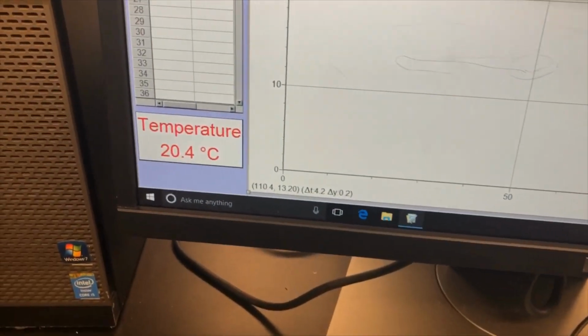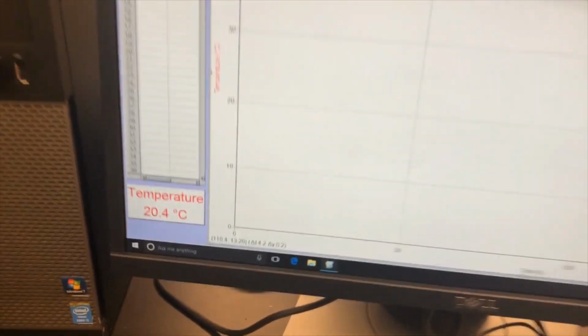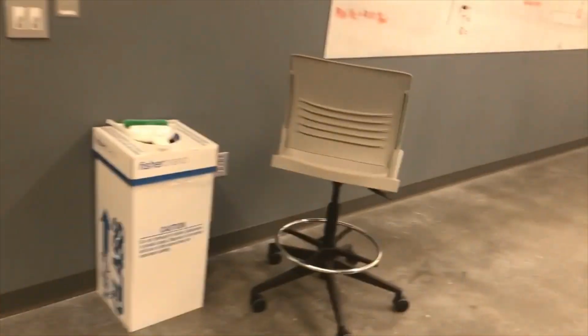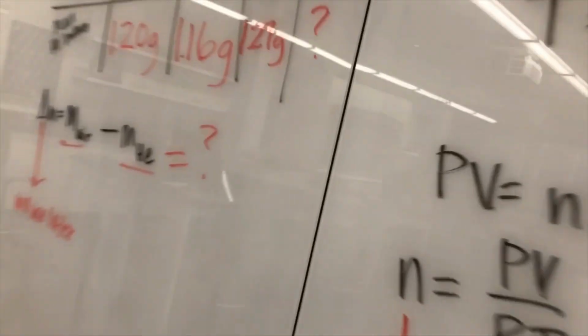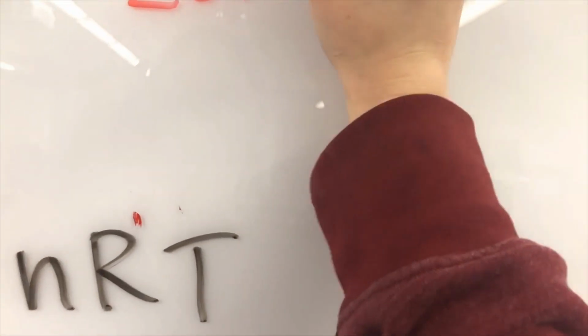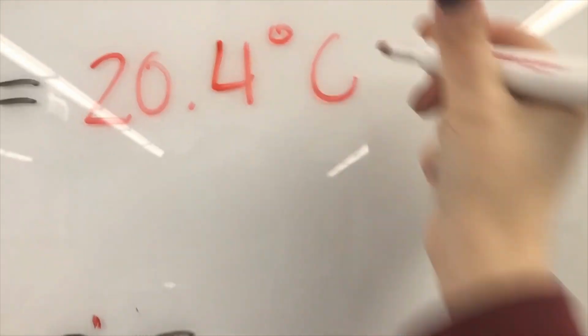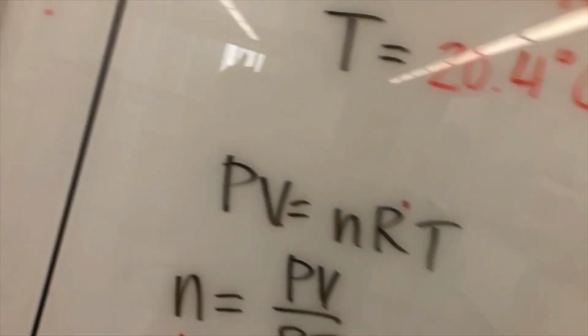So as you can see, that temperature is 20.4 degrees Celsius. And since that's based on equipment data, there's not really much room for human error, so I'm just going to do one trial for that.